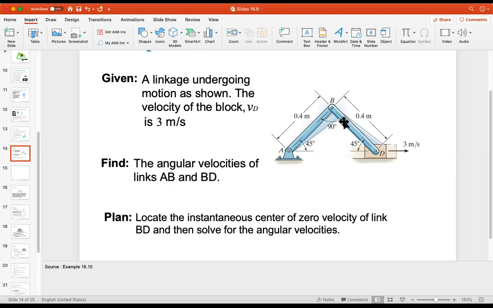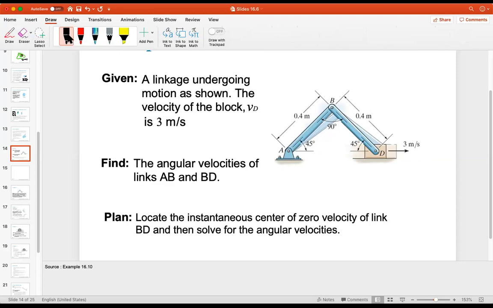So the first thing we should do is think about how points are moving in this picture. So I'm going to draw the motions on, superimposed. Point D is clearly moving to the right. A is fixed, it can't move at all. B, well, because this is a rigid link, point B has to move along a circular arc perpendicular to the link.